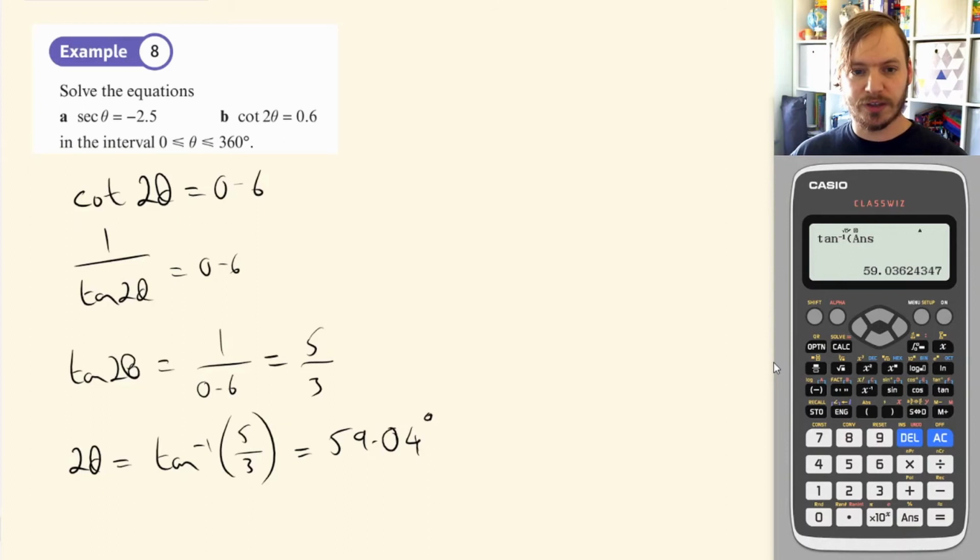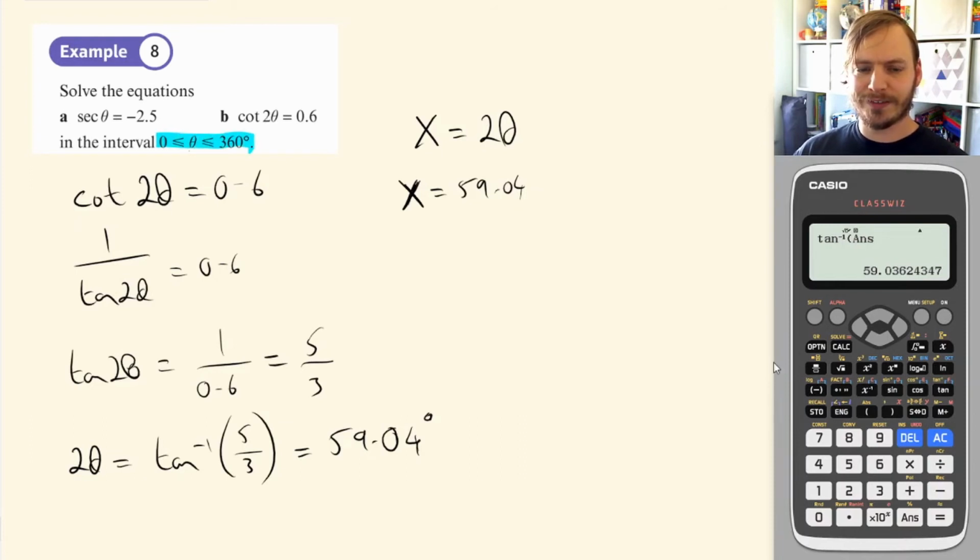Except that we're not quite done here either, because I need to find some repeats, but I also need to do some adjusting. So we talked about, instead of trying to solve for 2 theta, if we say for the moment that x equals 2 theta, then x is 59.04 degrees, but my range of potential values has gone from 0 to 360 with theta up to 0 to 720, because I've swapped theta for 2 theta.